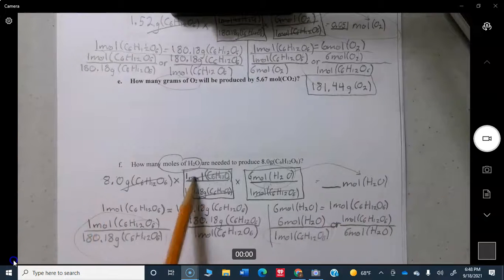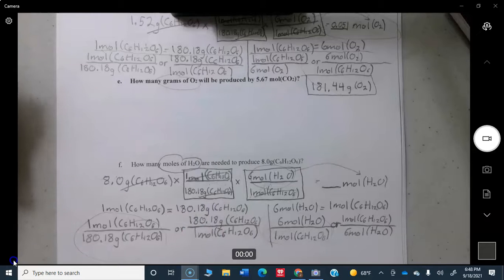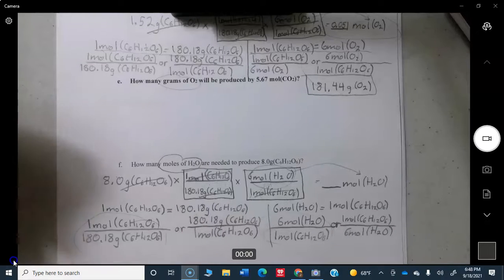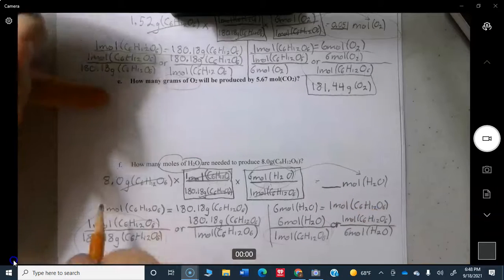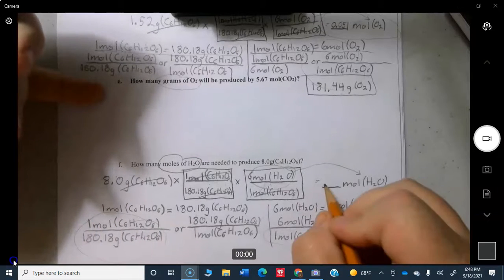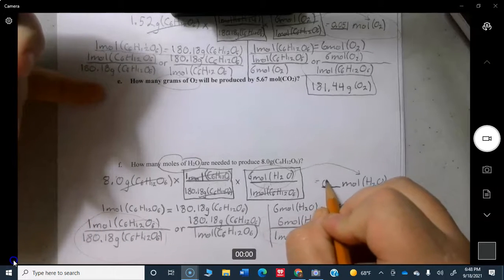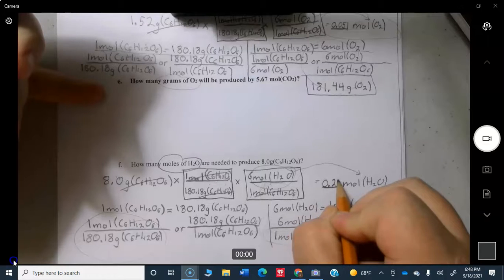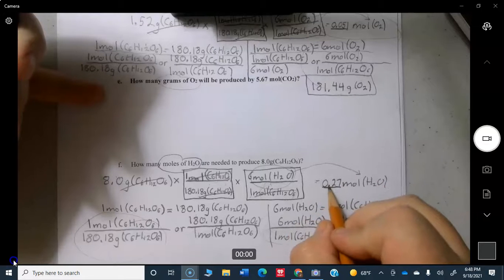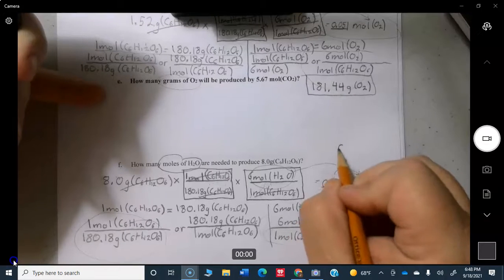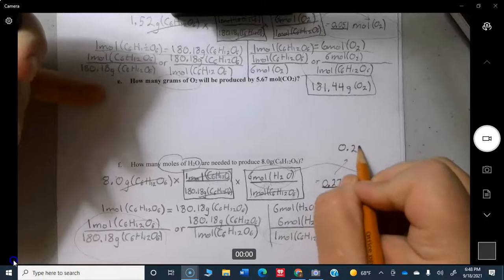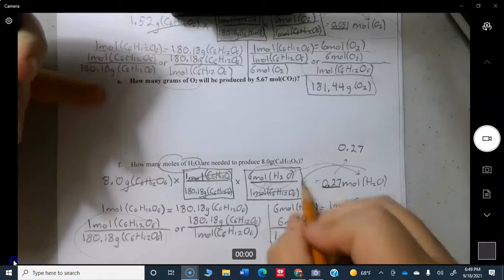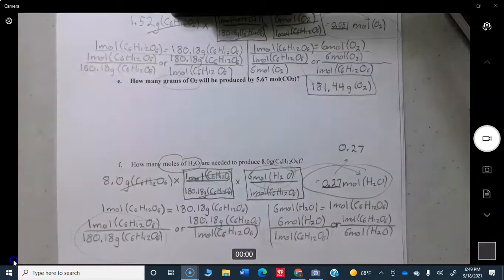So it's 8 times 1 times 6 divided by 180.18 divided by 1. So that is going to be 0. We can do the 2 significant figures if you're thinking about that. So it's going to be 0.27. You write it up here, be sure it's clear. 0.27. There's your answer right there.